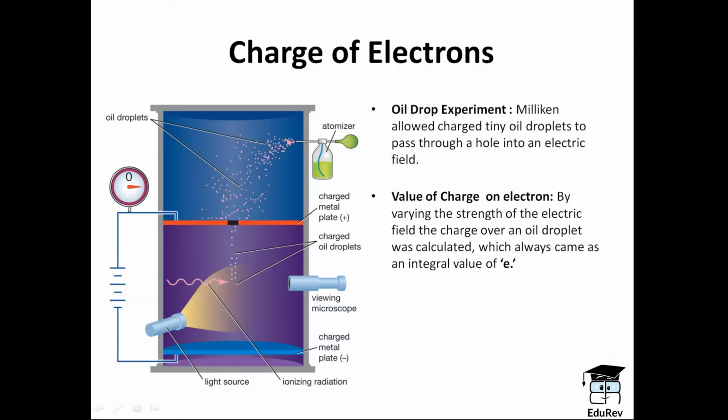Through this experiment, Millikan gave the result, a very important result, that the magnitude of electric charge Q on oil droplets was always a multiple of the electric charge e.